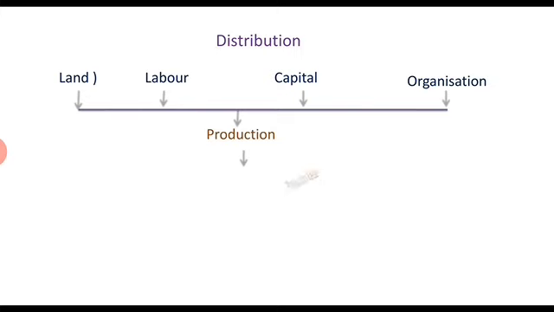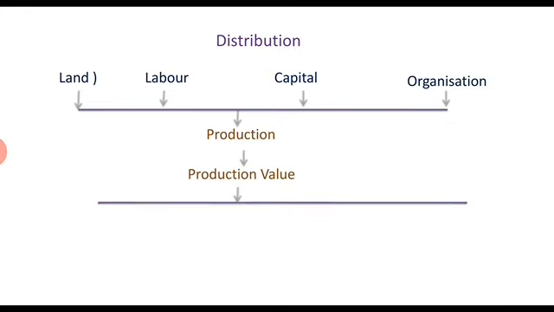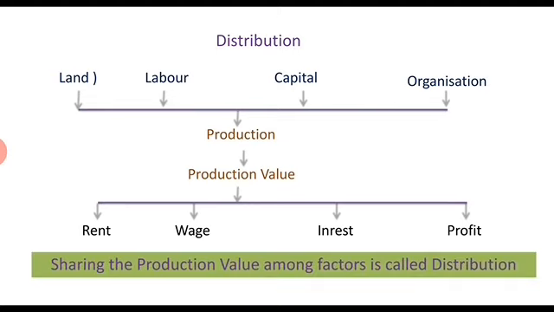The production has some value. It is called value of production. This value of production should be distributed among the factors of production as rent, wages, interest, and profit. The sharing of the production value among the factors is called distribution.